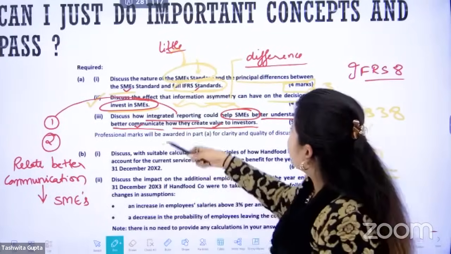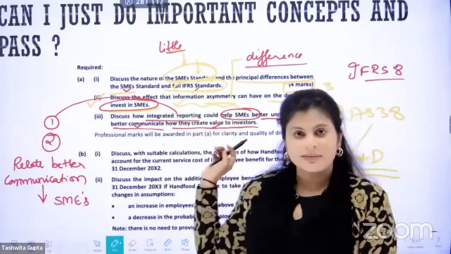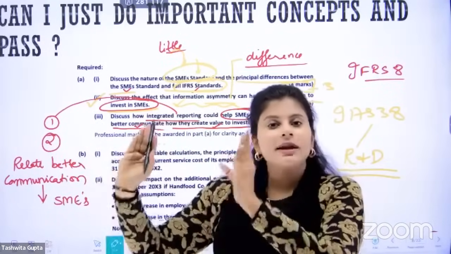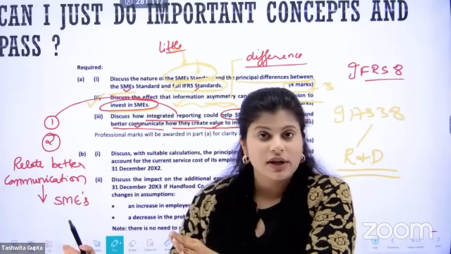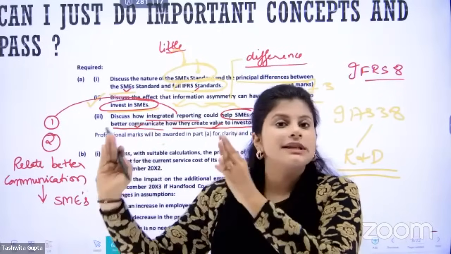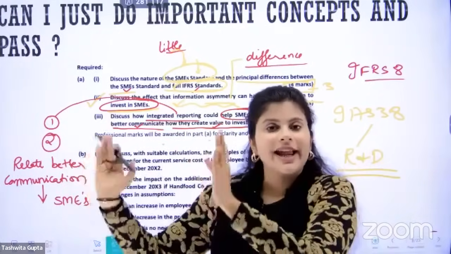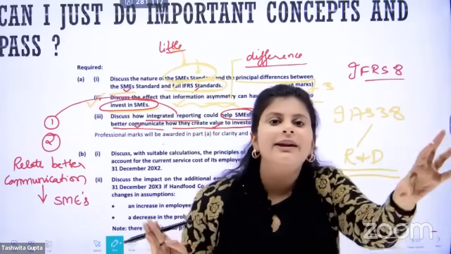So in the previous point only, we've talked about information asymmetry. Because SME is getting some kind of exceptions and exemptions, these information asymmetry can be covered up in integrated reporting.